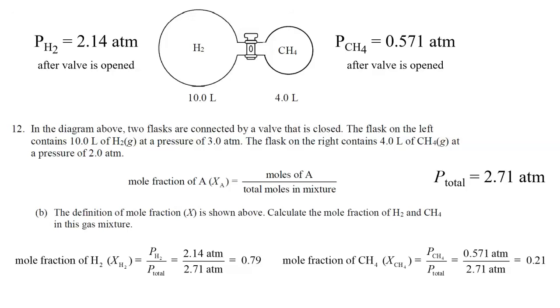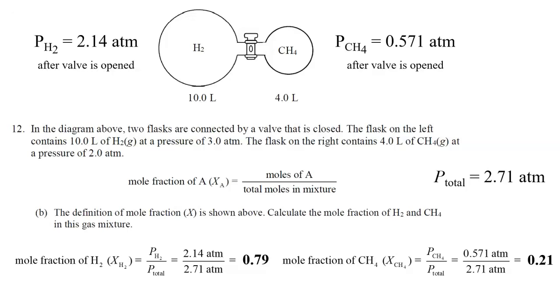The partial pressure of the methane, 0.571 atmospheres, divided by the total pressure of the gas mixture, 2.71 atmospheres. Do that math and we get 0.21. So these values, 0.79 and 0.21, represent the mole fraction of hydrogen and the mole fraction of methane, respectively. So these are the correct answers to part B of question 12.